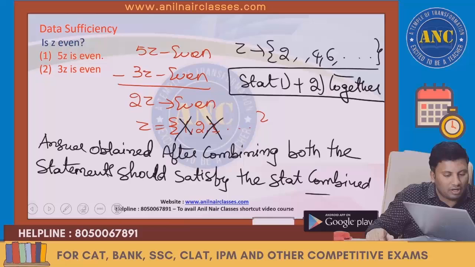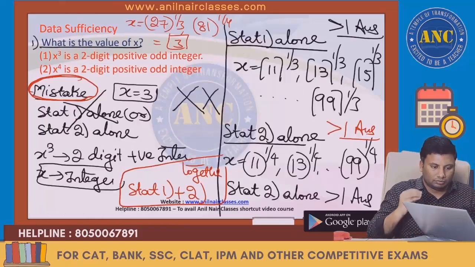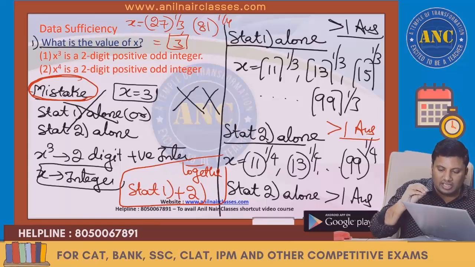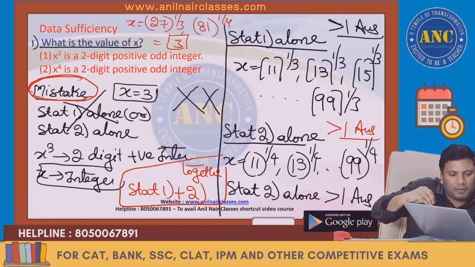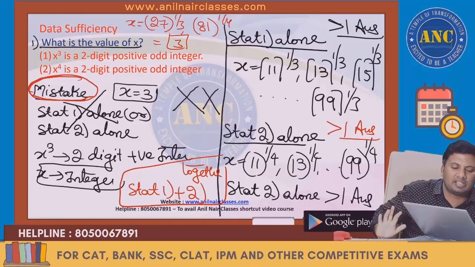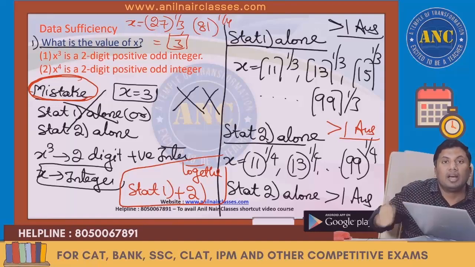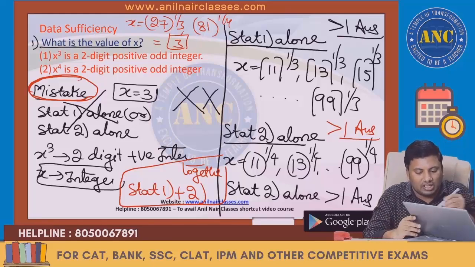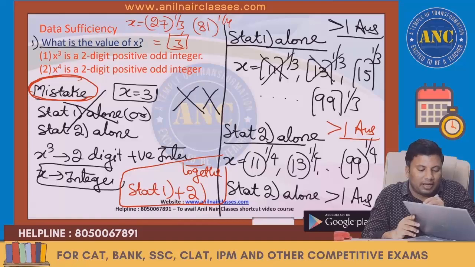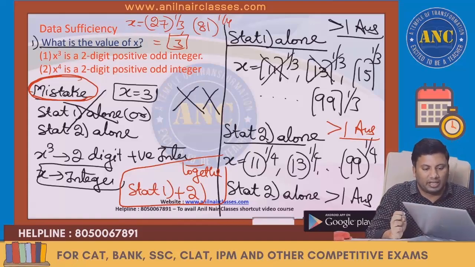Priya says, why only 27? Now see here. These are the values x has got, Priya. If I take 11 power 1 by 3, then 11 power 1 by 3 power 3 is 11, a 2-digit positive integer. 11 power 1 by 3 power 4, that is 11 power 4 by 3, is not a 2-digit positive integer. This is out. 13 power 1 by 3, 13 power 4 by 3, it is out. I hope it is clear.